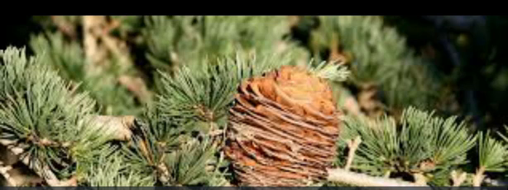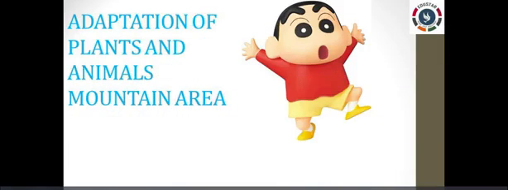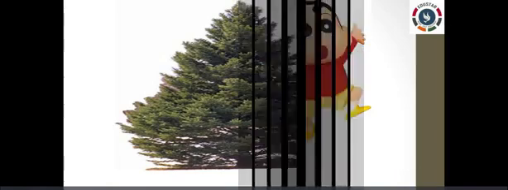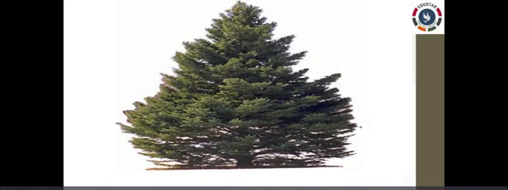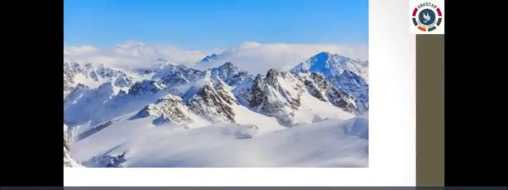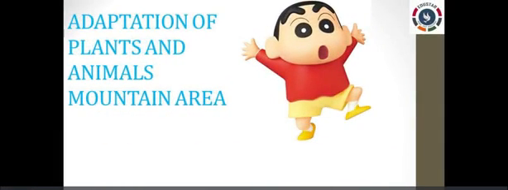Understood children? The adaptation of mountain plants. The leaves are needle in shape and the tree is cone shaped so that the snow and rainfall slide easily through the branches.